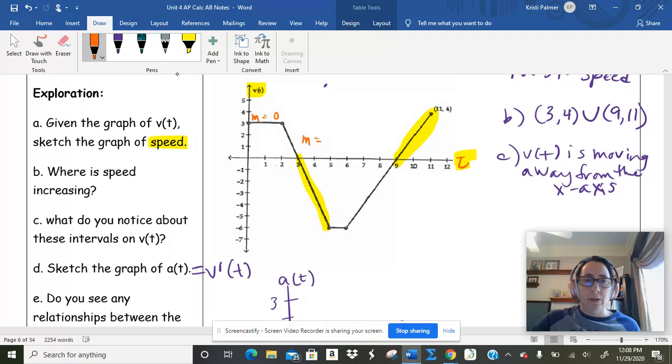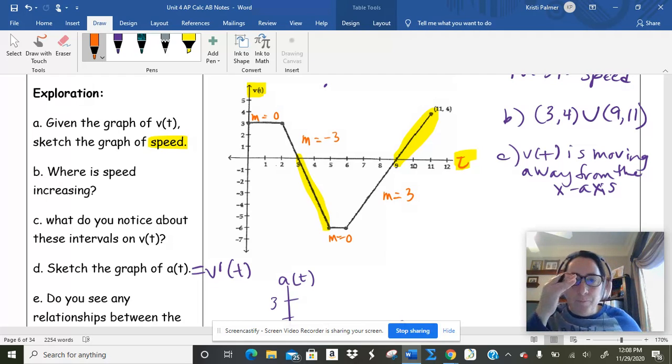The slope is 0, this is down 3 over 1, the slope is 0, and what's the slope? Up 6 over 3.